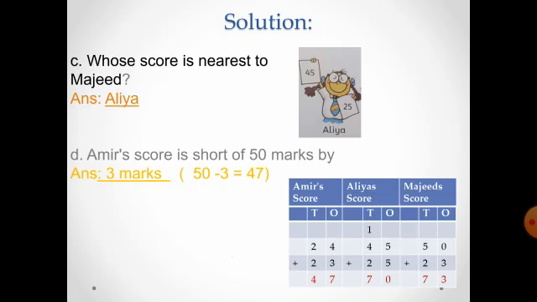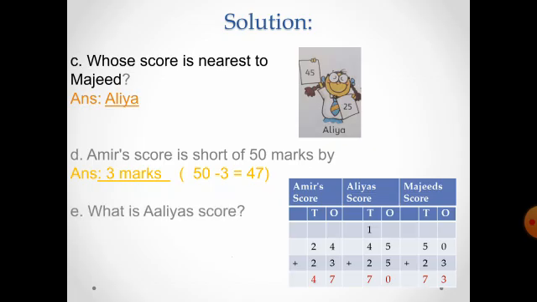We will add 3 marks to 47 and it will become 50 marks. It means that in the bracket it is written 50 minus 3 is equal to 47. Both are the same. Both conditions can be applied over here. 47 plus 3 is equal to 50 or 50 minus 3 is equal to 47.